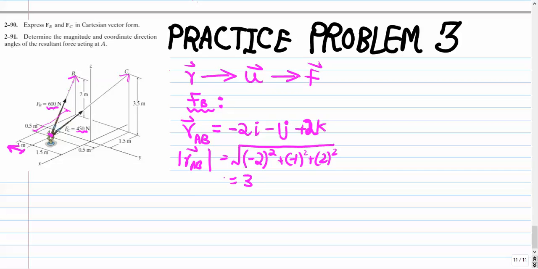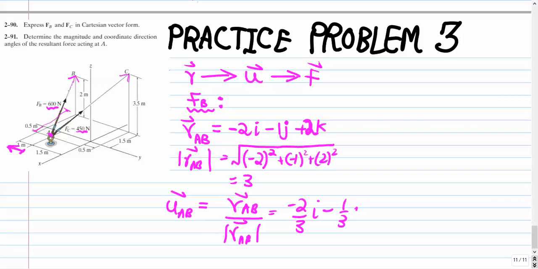So now that we have the magnitude, we can use this to find the unit vector from the point A to the point B. The way to find the unit vector is to divide the length vector RAB by its magnitude. This gives us negative 2 by 3i, negative 1 by 3j, plus 2 by 3k.